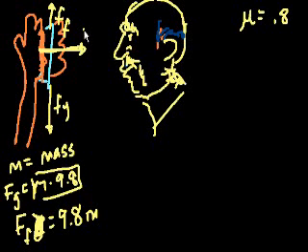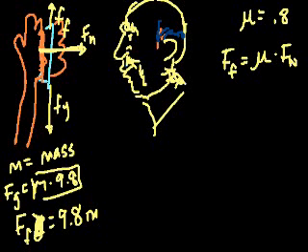So this is the normal force, and we know that the force of friction is equal to the coefficient of friction times the normal force. The force of friction, we know, has to be 9.8 times the mass, 9.8 m. And that has to equal the coefficient of friction times the normal force.